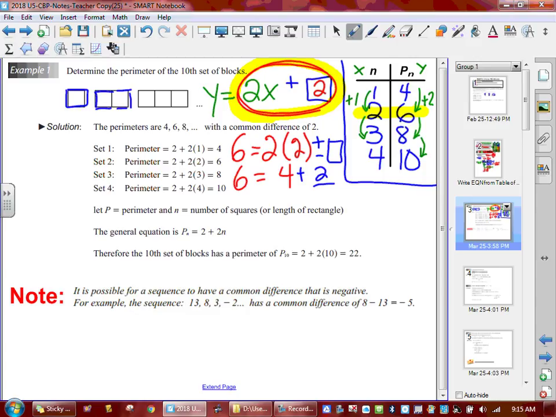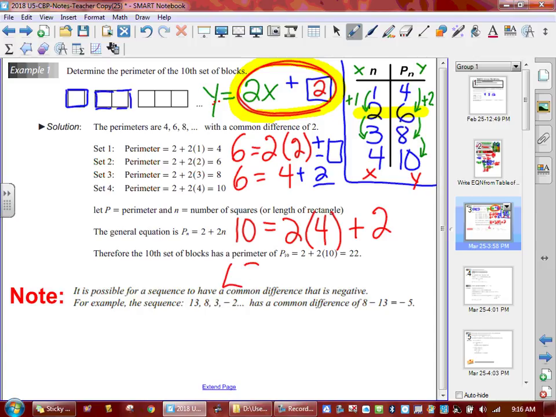But remember, we have to pick one more test point to make sure it works. So which test point do you want to check next? 4 and 10? All right, let's check 4 and 10. So again, we're putting in the numbers for y and for x. y is this number right here, x is that one. So we have 10 equals 2 times the x number, and then plus 2 more.